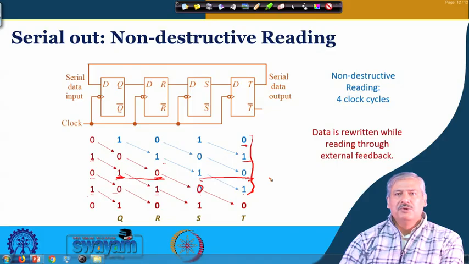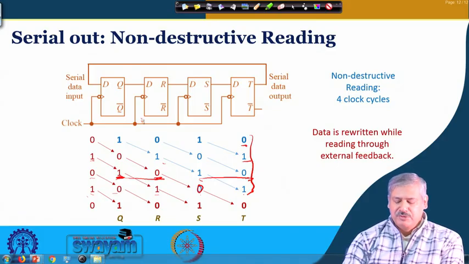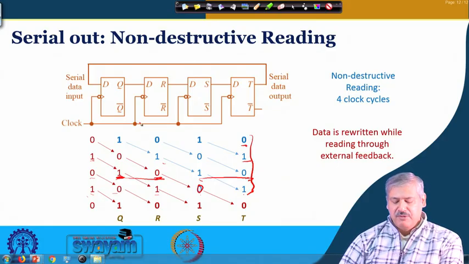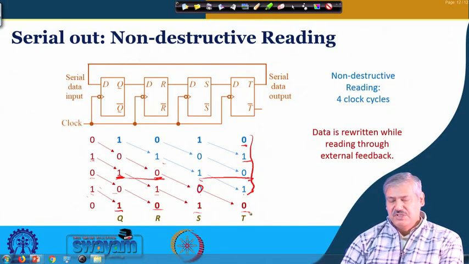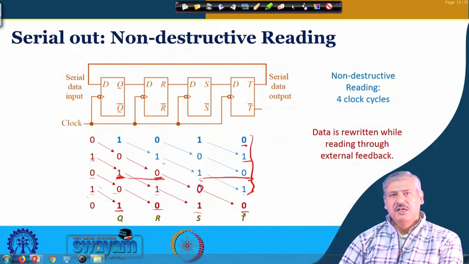Now, because we want to read it as many number of times and you want to store the information in 1 0 1 0 form, one more clock trigger. So, this one comes over here and this one is coming back and 1 0 1 0 you get back. Okay. So, reading and writing is happening simultaneously. So, this is your non-destructive reading in a shift register where the SISO option is only available.